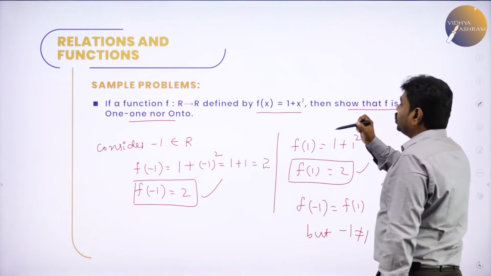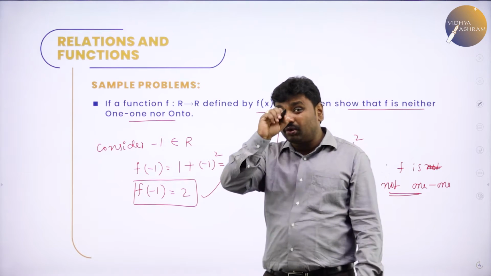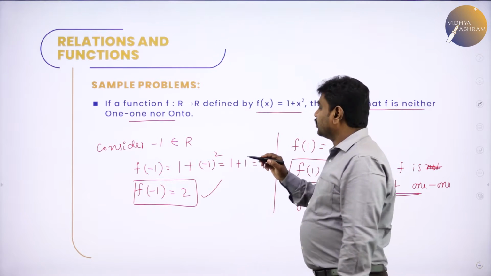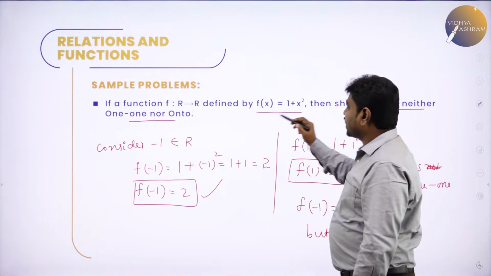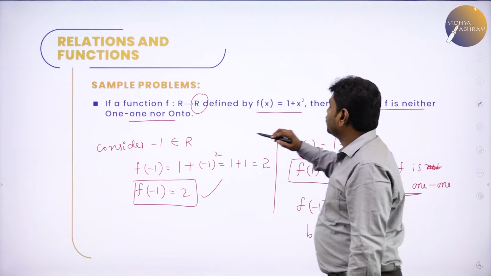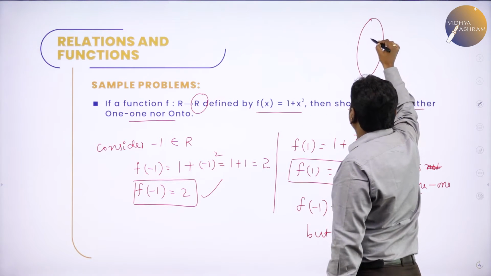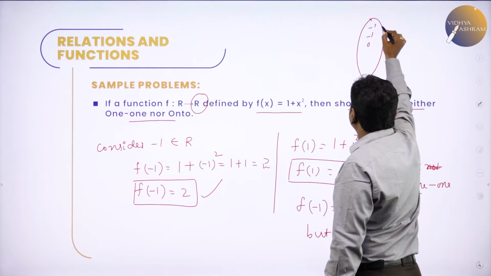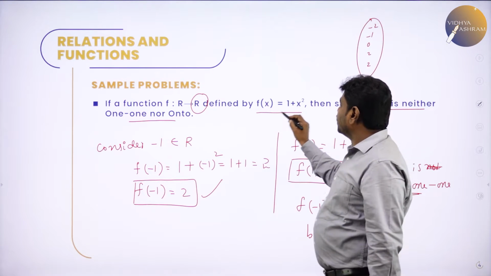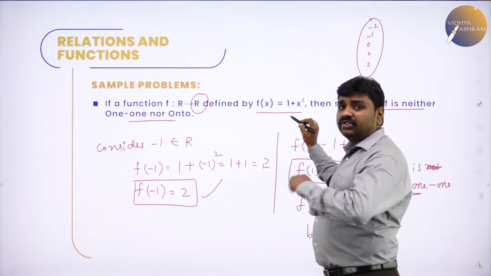And onto means what? Every element in codomain should have an image. See, codomain means the second set. The second set is real numbers. So real numbers, all numbers, negative, positive, but here images, if you put any number, your output is a positive number.